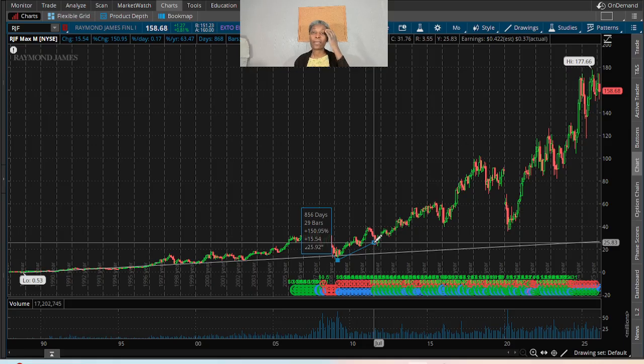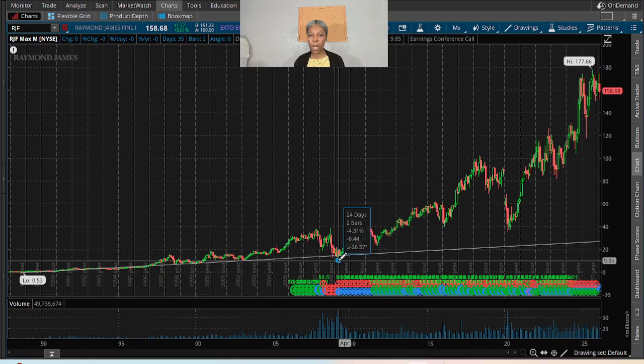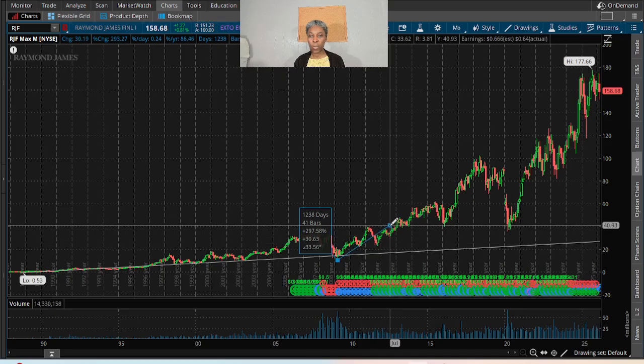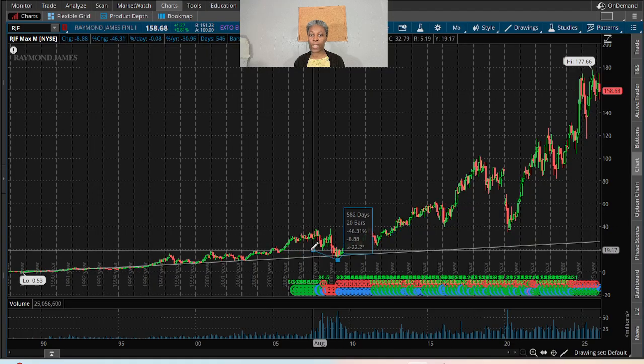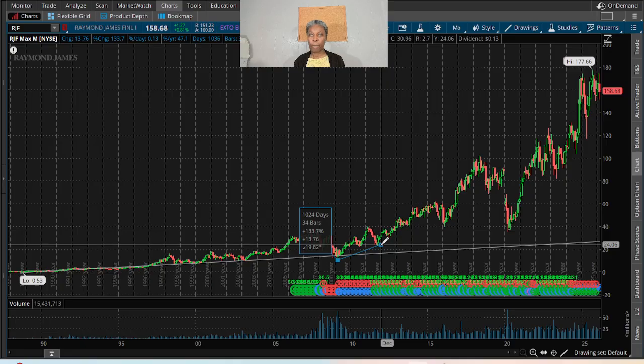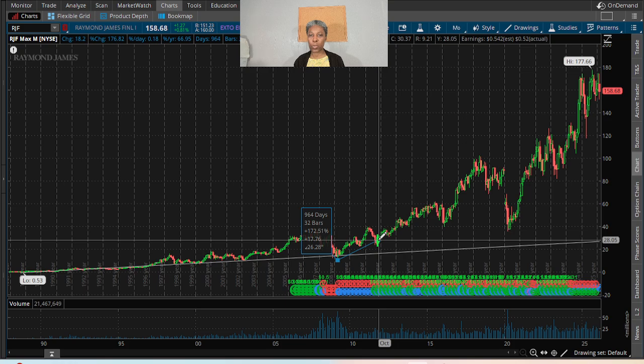That is a math lesson. So therefore I want 2 points minimum to trace that line. If I go this way, it's going to go through it quite a bit. So the closest two V's, the bottoms of the V that I can work with, are this one, which I'm starting with, and this one.